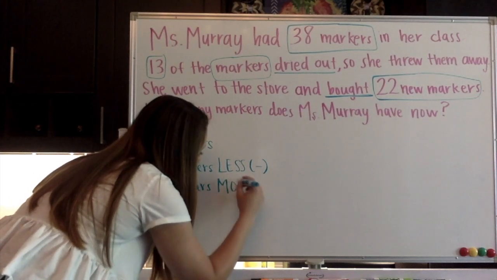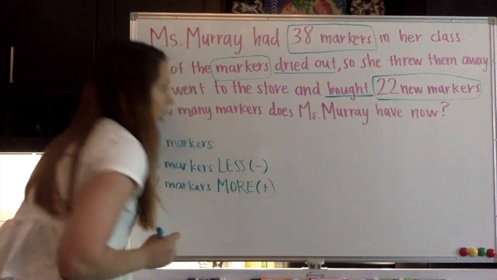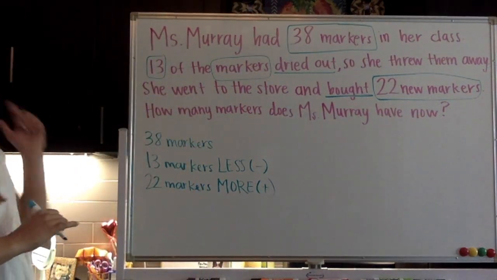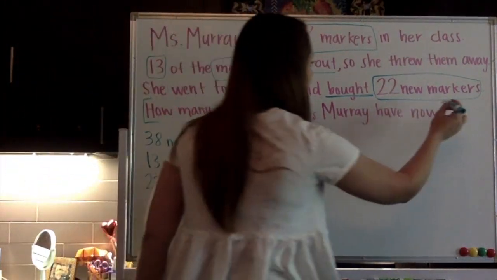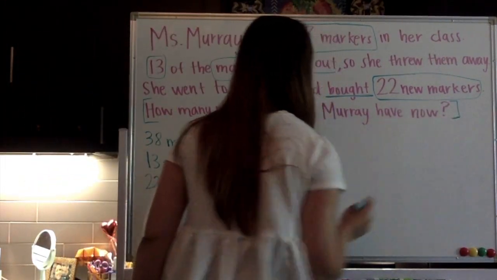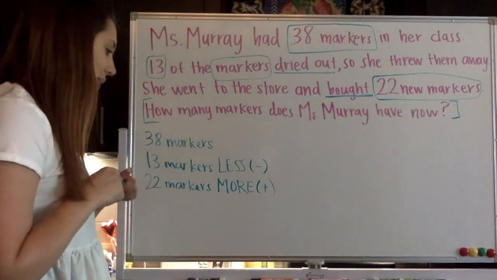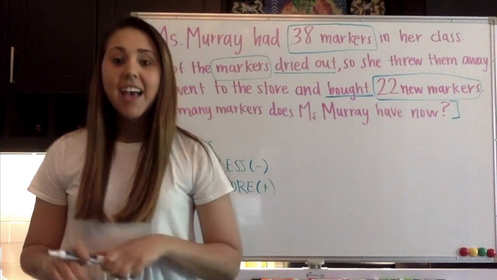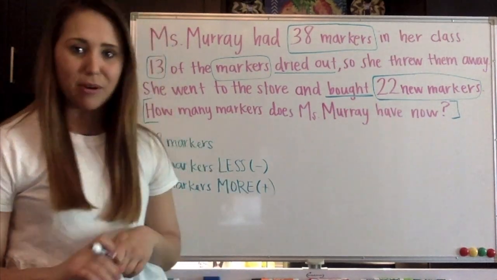So if I bought them, if I have more now, that means I'm adding markers. And then my question is, how many markers does Miss Murray have now? So I want to know, now that I've thrown some away and gotten some new ones, how many total markers do I have? Today I'm going to show you how to solve this problem using number lines.